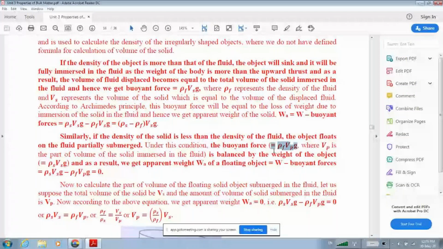So that is rho f into Vp. Rho f into Vp.